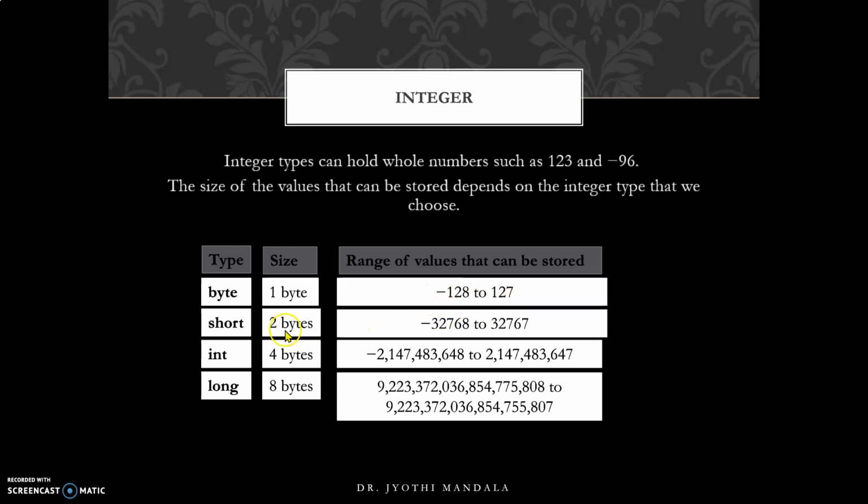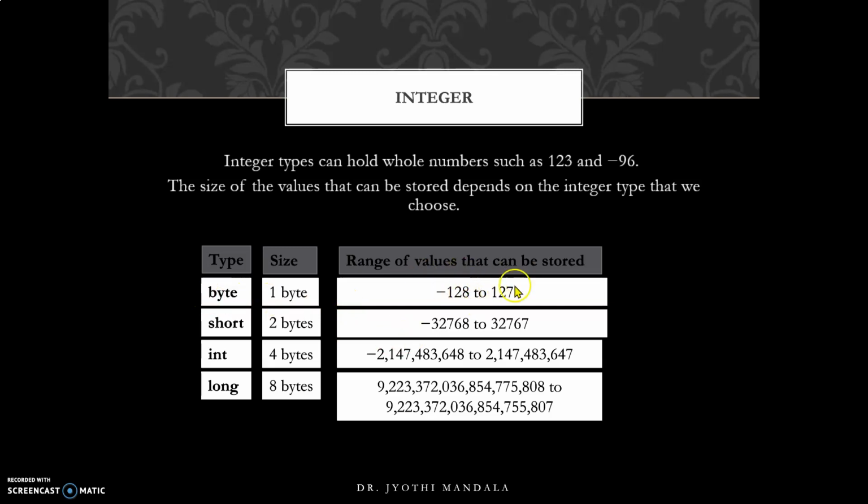For short, which is 2 bytes, the range is from here to here. Int is 4 bytes, where the range is from here to here. Long is 8 bytes, where the range is from here to here. That means a value can be between these two. According to your requirement, you can declare your variable as byte, short, int or long. Suppose you want to store a value of 5, then you can declare that variable as byte A. Got it, all of you?